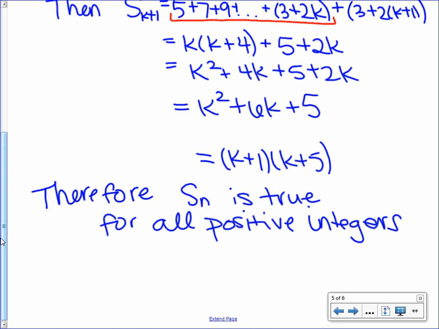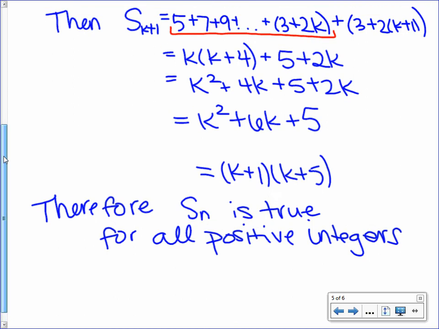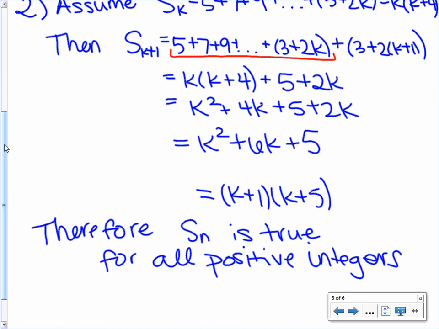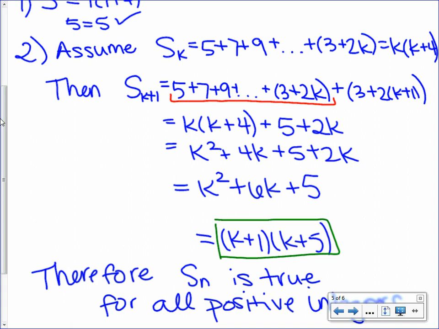Where do you get all the factoring and stuff? How did you come up with k plus 1 times k plus 5? Where are we getting that? If we go back up to our sum for the first k terms, up here in black, the sum of the first k terms equals k times k plus 4.